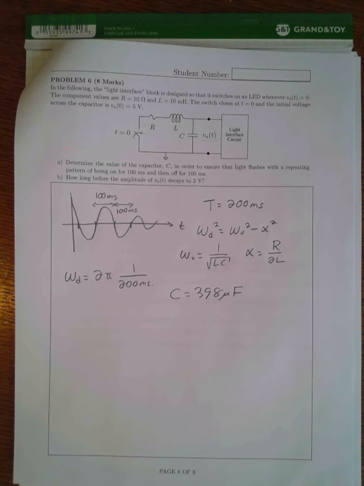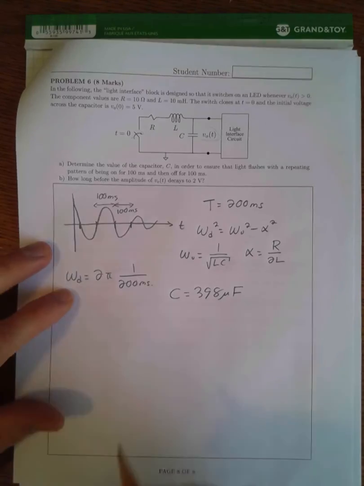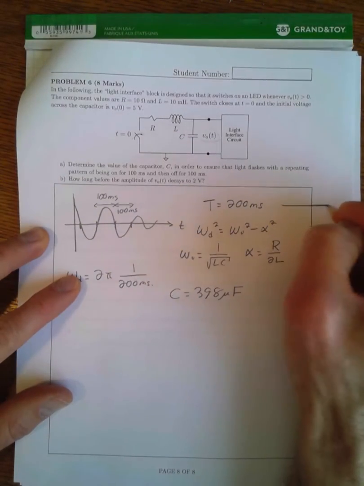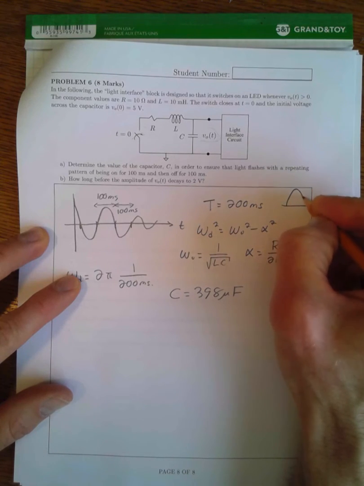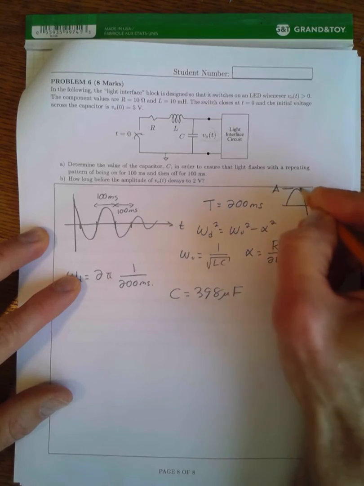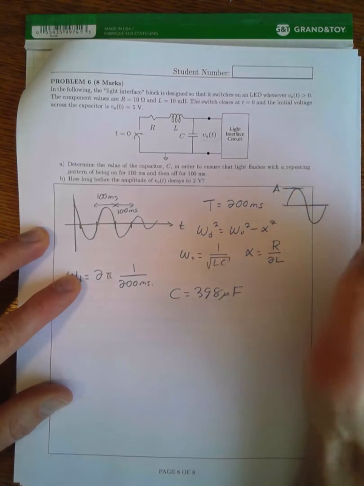And then for part B, I did try to be very careful with my wording on this particular exam, but I did make a mistake for part B. There was a misunderstanding. The question was, how long before the amplitude of V naught decays to 2 volts? When I said amplitude, I was thinking about amplitude in the classical sense of a sinusoid, where amplitude is the peak of the sinusoid.